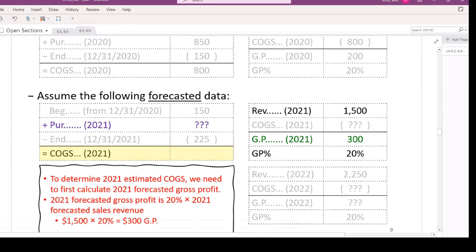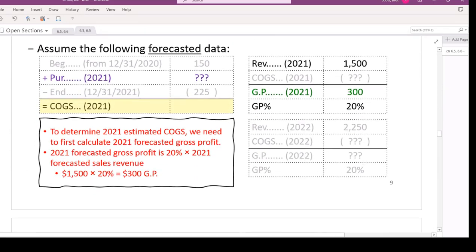Now, down below on slide number 9, in order to figure out cost of goods sold, the last unknown, I need to first figure out what gross profit is. So this looks at the gross profit method to determine what cost of goods sold is. First things first, I'm going to multiply the 20% expected gross profit rate times the 2021 expected sales revenue.